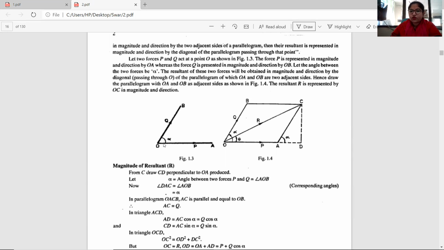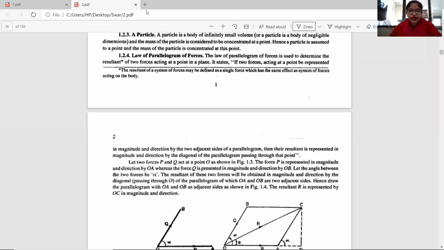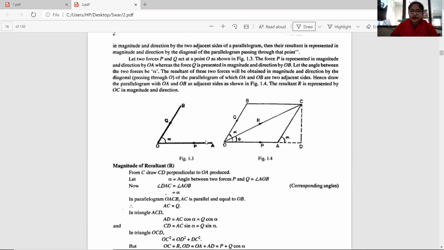The two forces are the adjacent sides, and my resultant force is represented in magnitude and direction by the diagonal of the parallelogram passing through that point. So this one is my resultant. If one force is Q and the second force is P, then my resultant force will be this one.